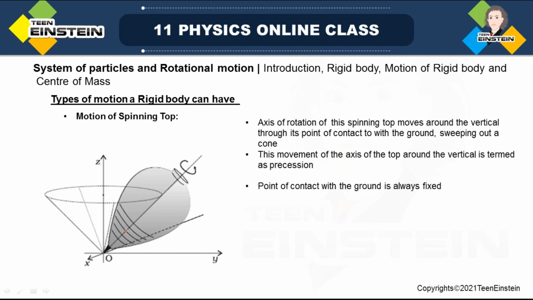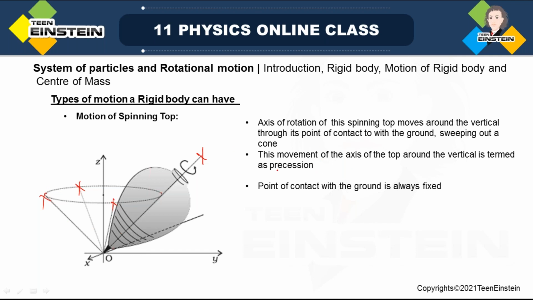See, the axis of rotation changes from time to time. At one time this is the axis of rotation, at some other time this will be the axis of rotation. So the axis of rotation is also moving around this vertical axis OZ. In other words, you can say this axis of rotation sweeps a cone like this.